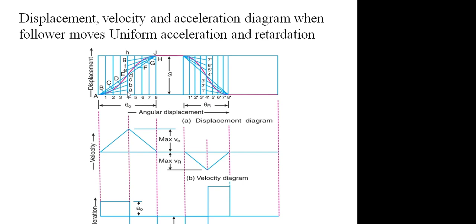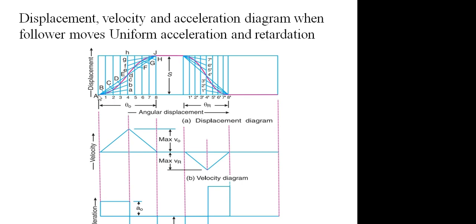Now divide this middle vertical line, that is the middle line of outstroke and instroke, in the same equal even parts as that of theta O and theta R. Now here theta O and theta R are divided in 8 equal parts. In a similar way, divide the midline of theta O and theta R in 8 equal parts.